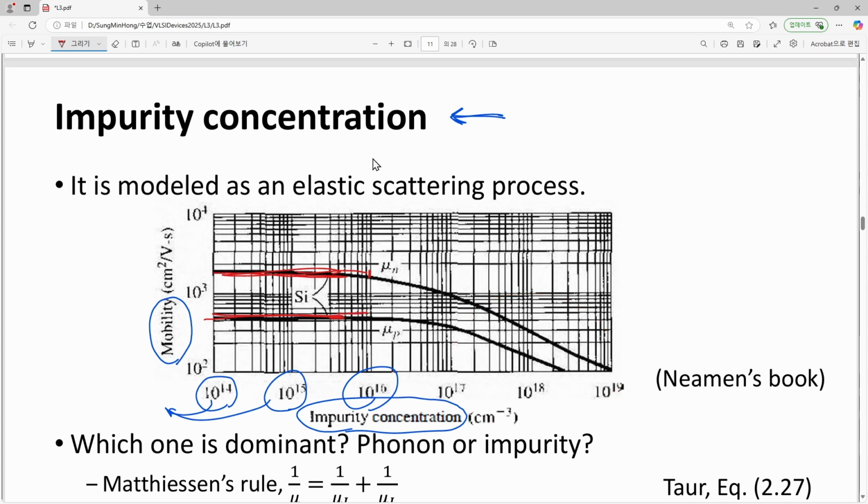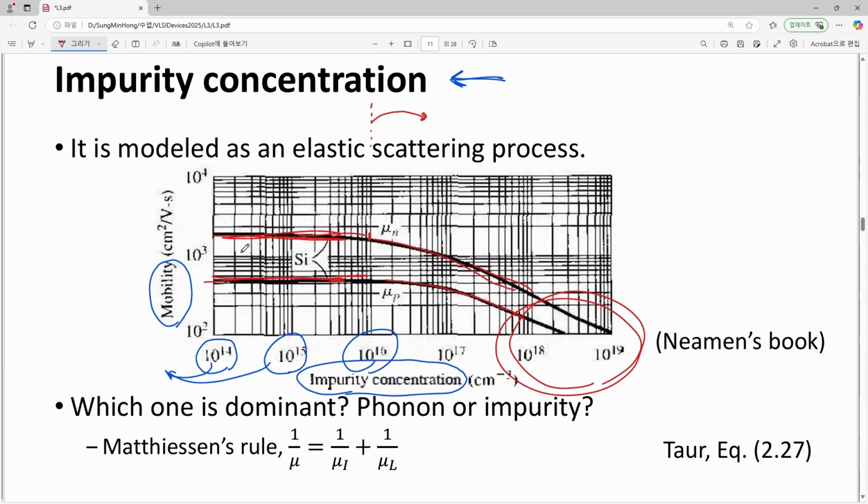But if our impurity density is higher than, for example, 10 to the 16, now it starts to roll off and roll off, and later in this part the mobility is limited by this impurity concentration. So which one is dominant?